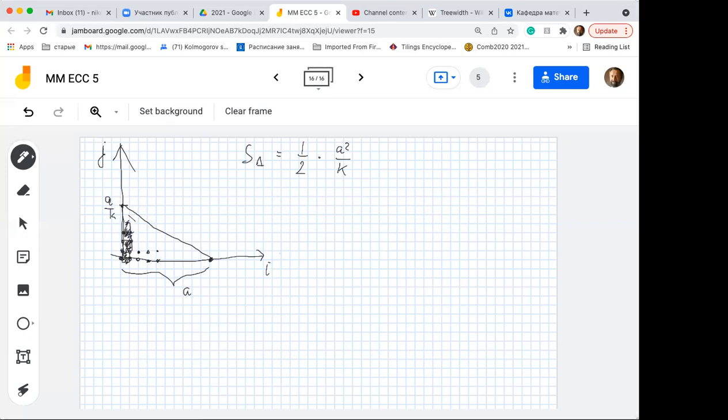And those squares must cover the whole triangle, I mean, its interior.